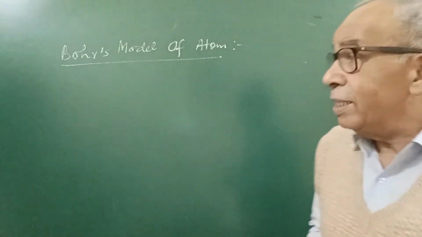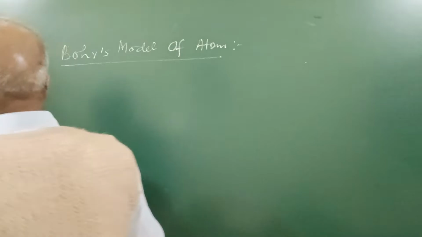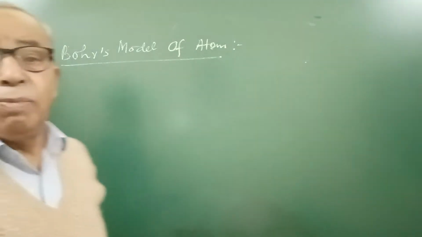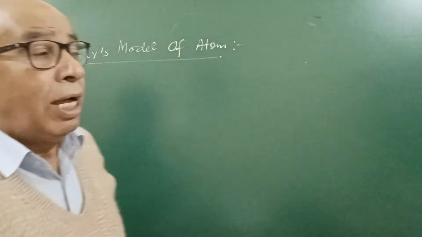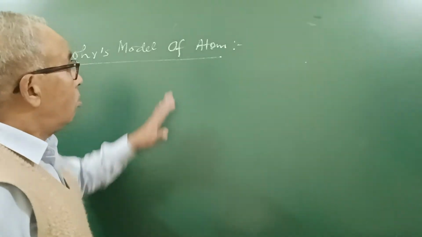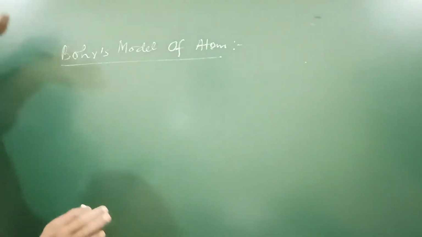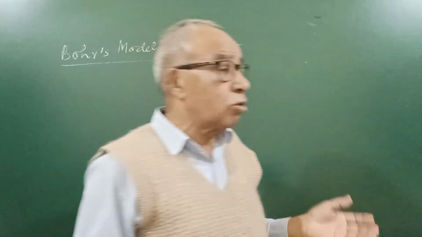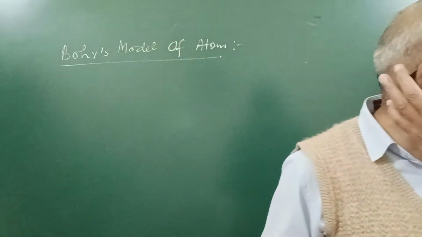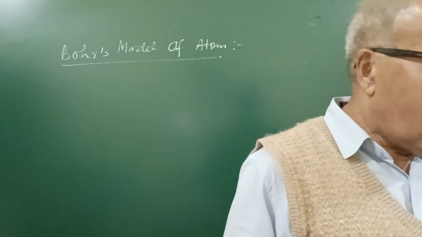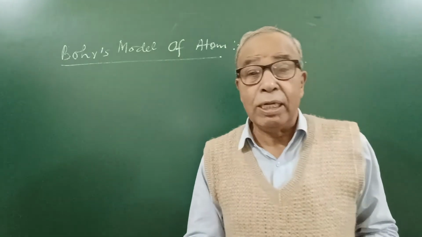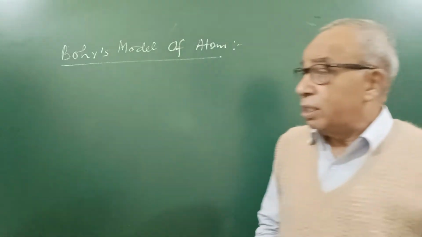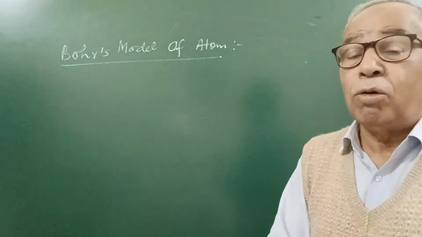So to explain, here in this video I will be telling you only assumptions of Bohr theory, and in coming video I will derive expression for radius of an electron orbit, velocity of electron in any orbit, energy of orbit, and other things. But in this video I am taking only assumptions.